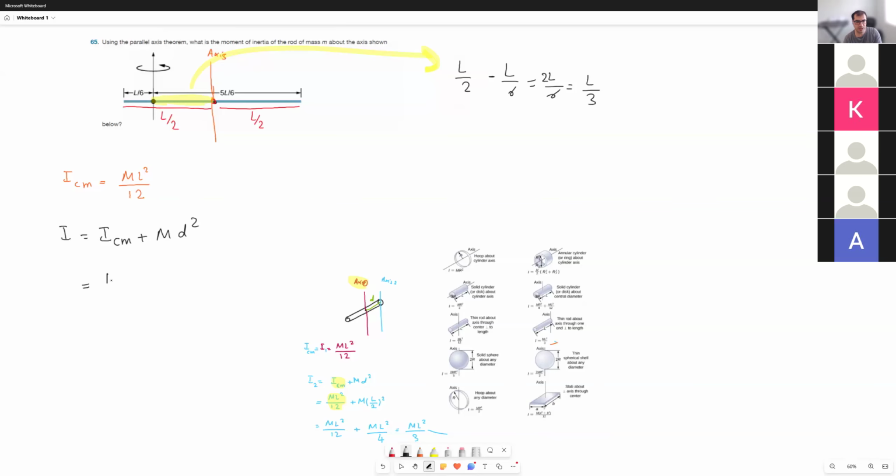So that's going to give me mL squared divided by 12 plus m, L over 3 squared, which is mL squared divided by 12 plus mL squared divided by 9. That's going to be the moment of inertia of the rod about the axis shown.